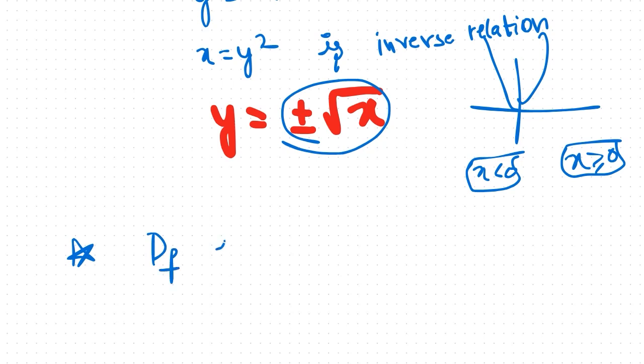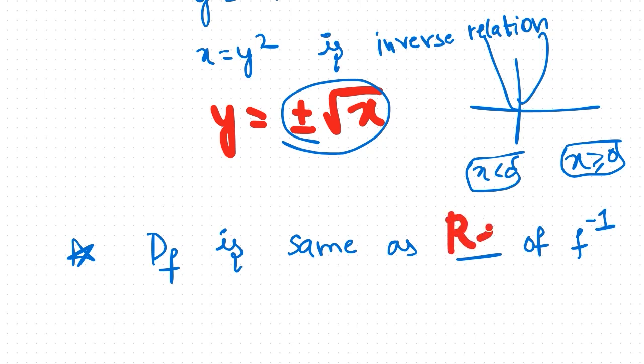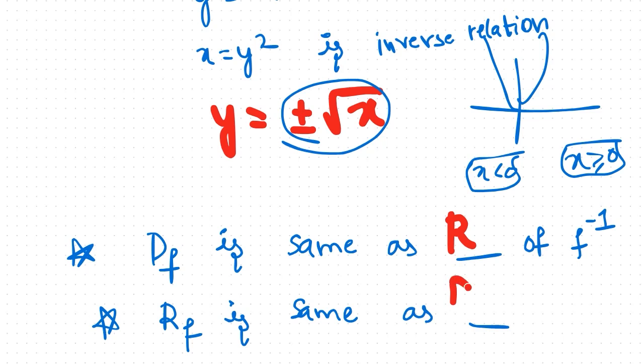One more thing regarding inverse functions is domain and range. The domain of f is the same as the range of f inverse. The range of f is the same as the domain of f inverse.